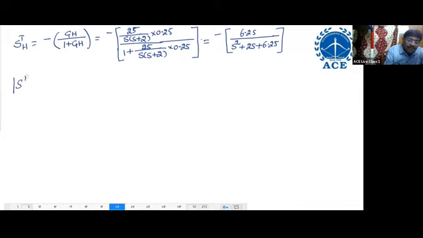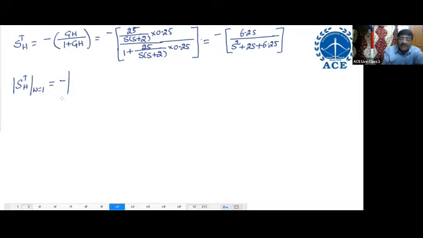Magnitude of STH at omega equal to 1. Don't neglect the negative sign. Put a magnitude for the terms, because the minus shows that it is an inverting variation. The error is negative, so the output is more than the input. So here, don't neglect the negative sign.